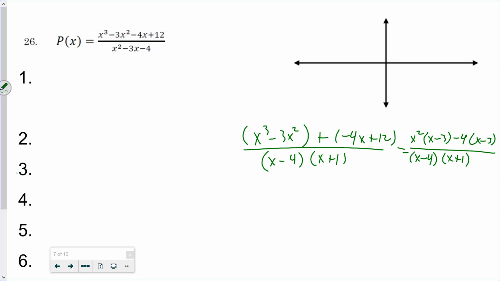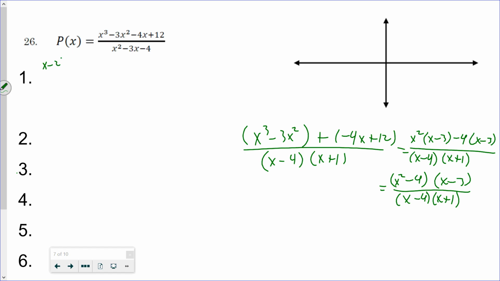x minus 4, x plus 1, and that will give me x squared minus 4 on the top, and x minus 3 over x minus 4, x plus 1. Then x squared minus 4 will factor out to x minus 2, x plus 2.